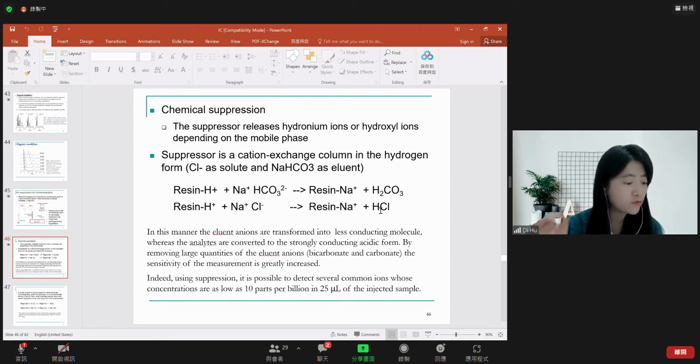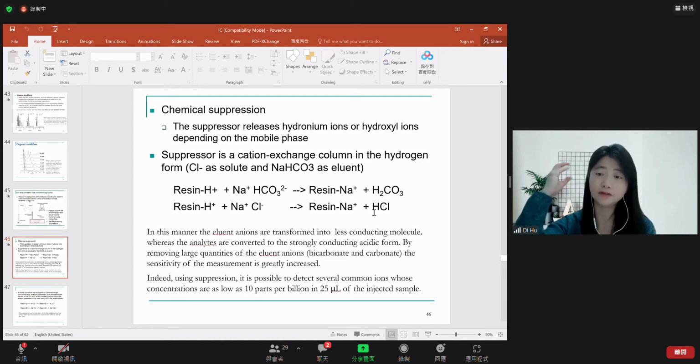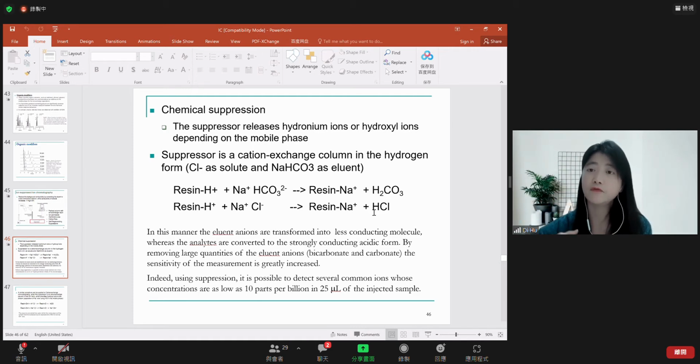It's 350. And if we're talking about potassium, I think it's just 74. Sodium just 50, right? Okay, we mentioned that before. So by that way, it increases the analyte signal but lowers the signal from the mobile phase, from the background. That's why it increases the signal to noise ratio, and then you get higher sensitivity.